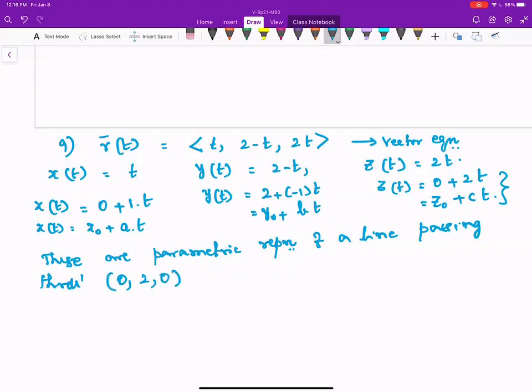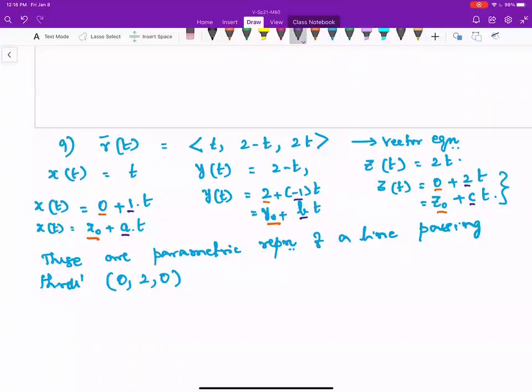So this is the point. x0, y0, z0 is the point. And a, b, c are the direction vector.